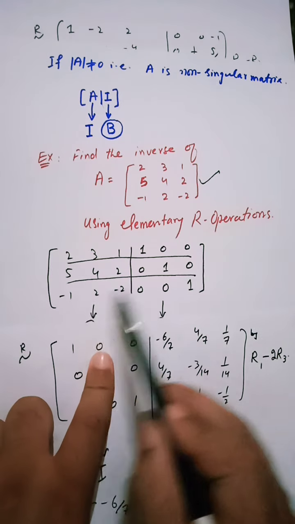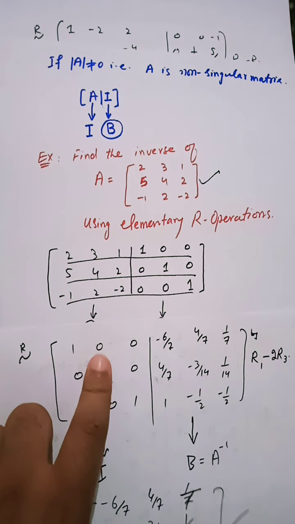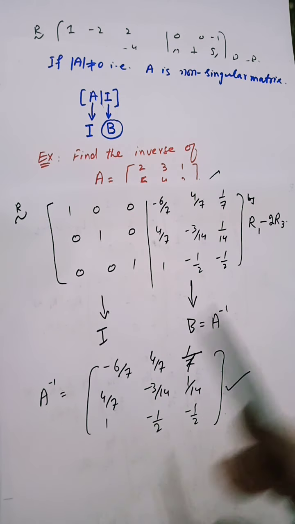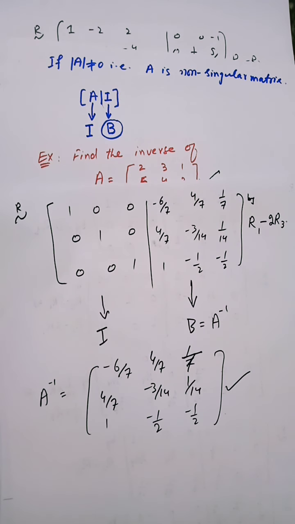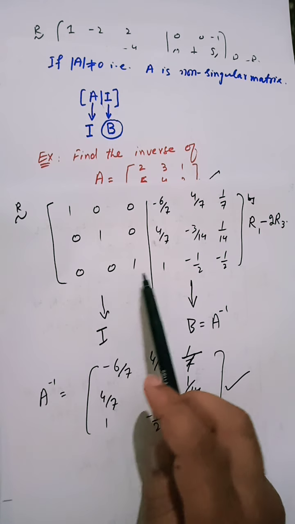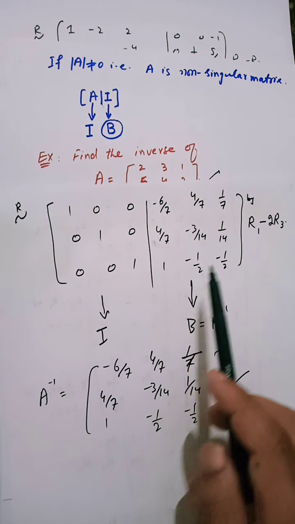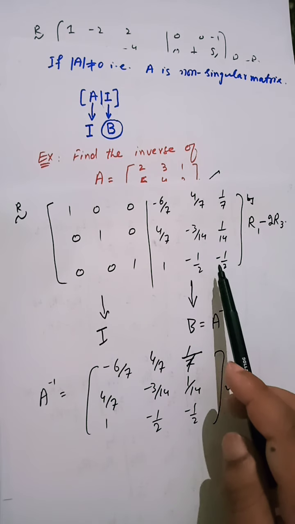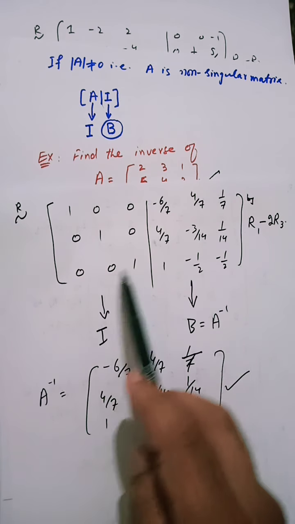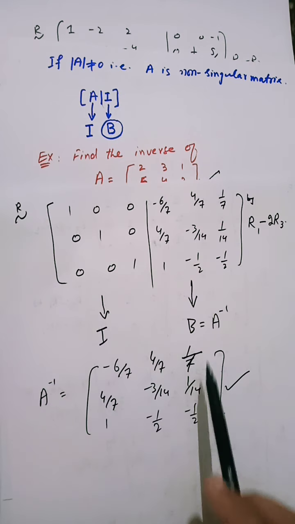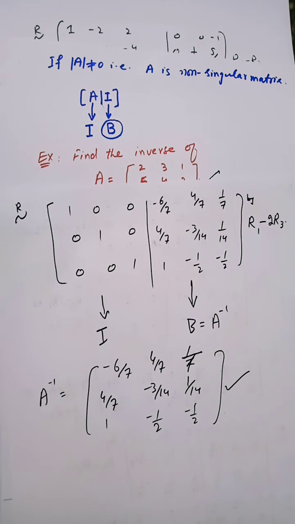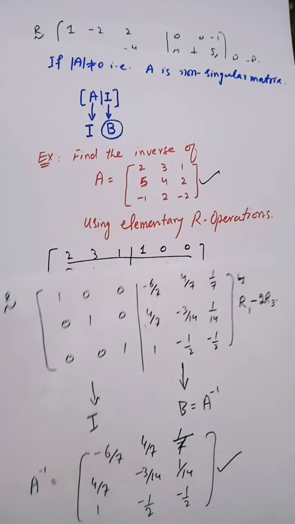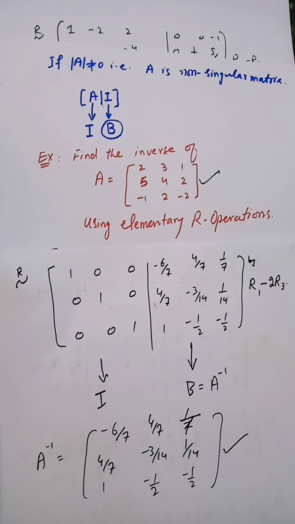This is the second row, and this will be the third row. So you see that when I perform the different row operations, on the right side of the bar this will convert to a matrix which is the inverse of the square matrix, and this is the identity matrix. So this is the way to find out the inverse of a square matrix using elementary row operations.